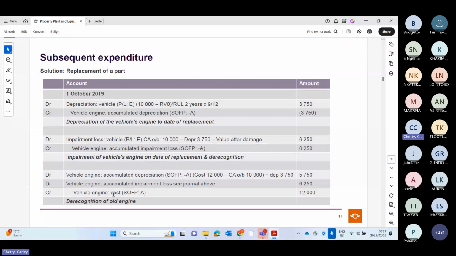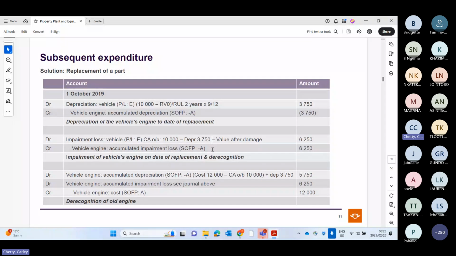And when we recorded accumulated depreciation and we have accumulated impairment losses, those were credited. So have a look at this previous journal. There were credits to these amounts. There were credits to the accumulated depreciation and credits to the accumulated impairment losses. So now we need to debit these accounts. Okay, so remember that 10,000 Rand, that was the carrying amount on 1 January 2019.